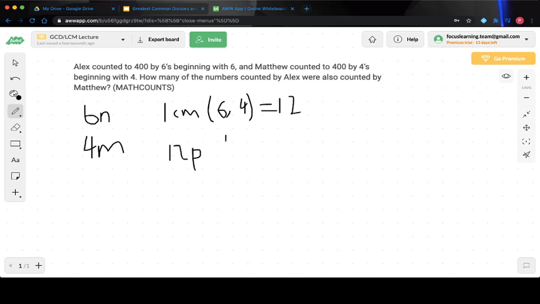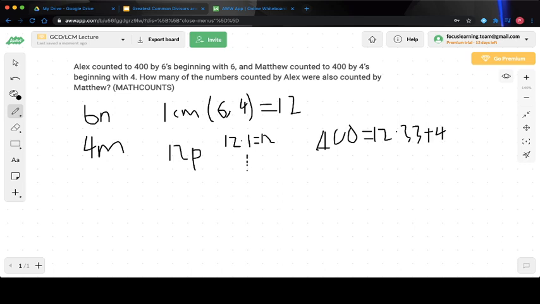So 12 times 1 is equal to 12, and then we just go on. If you divide 400 by 12, you'll find that 400 is equal to 12 times 33 plus 4.